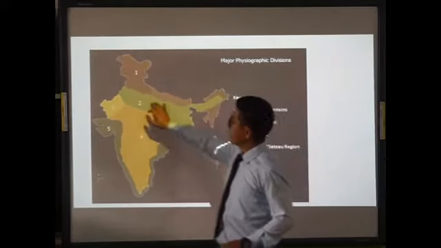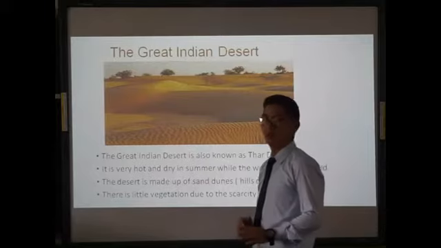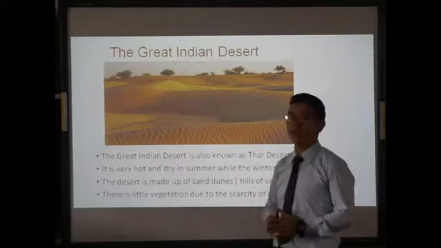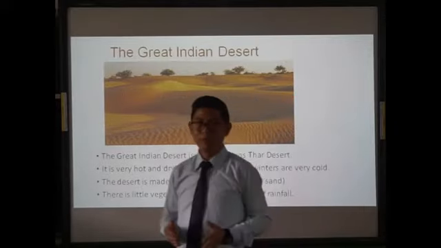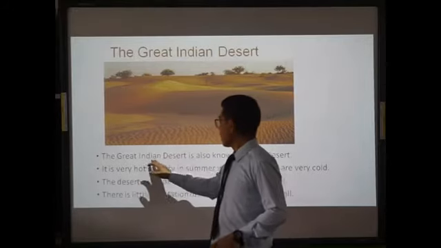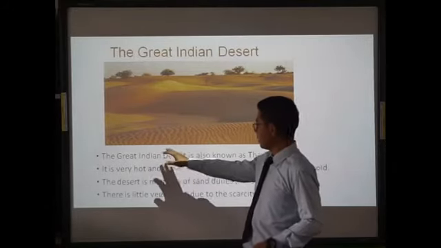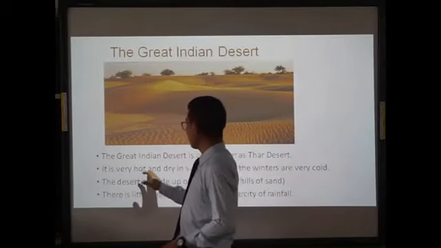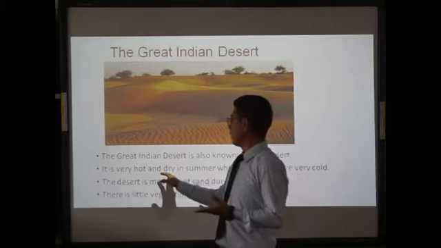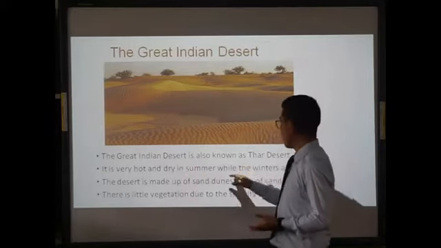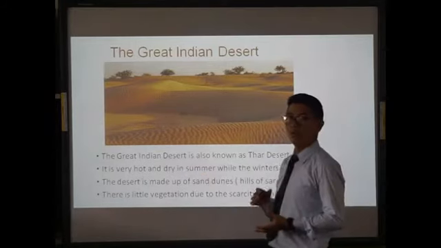So let's move on to the next, the Great Indian Desert. The Great Indian Desert is also known as the Thar Desert, and in India we find it in the state of Rajasthan. It is very hot and dry in summer, while the winters are very cold.